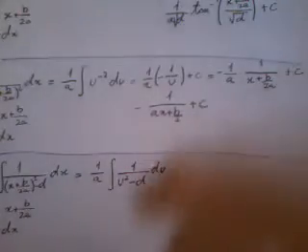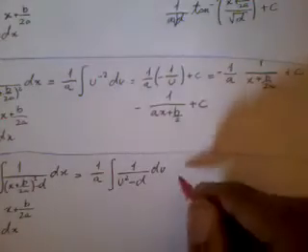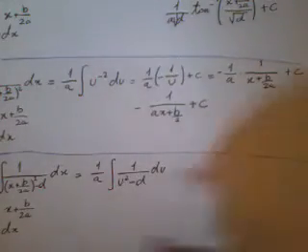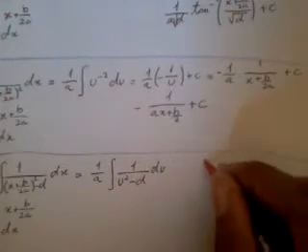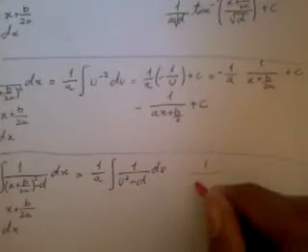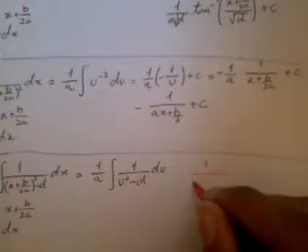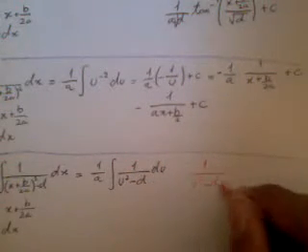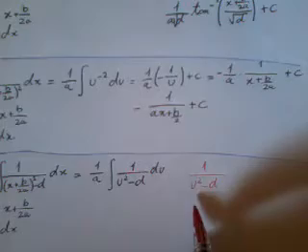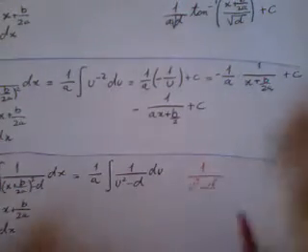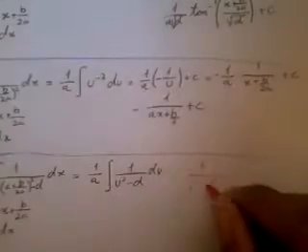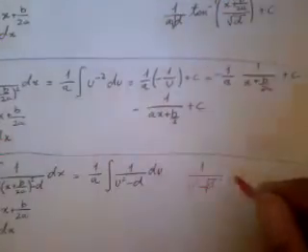We do this right here, 1 over u squared minus d. This is just the difference of two squares. This is just root d, but squared.